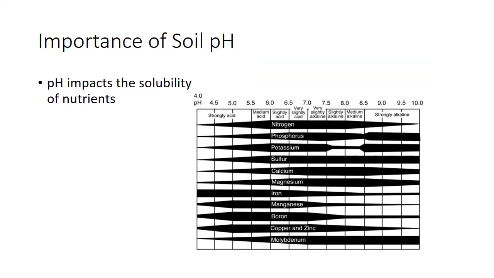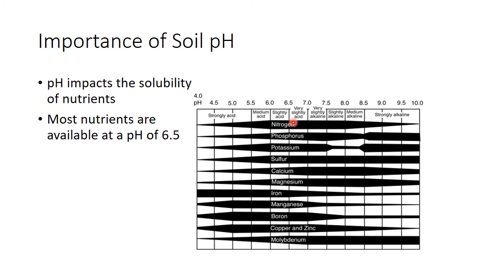I did mention that soil pH is a master variable, and one of the things it can impact is fertility. What it does with fertility is it makes nutrients more or less available depending on what pH you're at. Now there's a lot of hand waving and generalizations that went into this graph, but it does work in most situations.